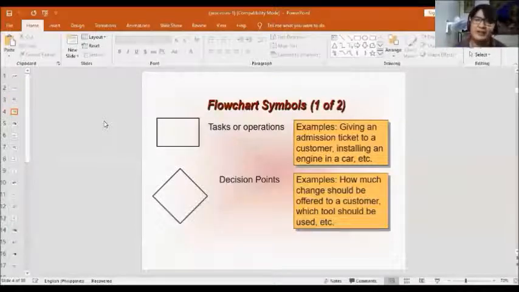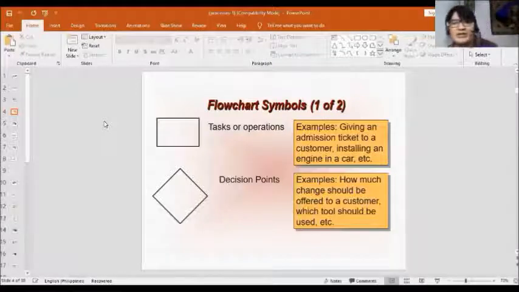These are the following symbols that are used in flowcharting. The rectangle represents a task or operation. An example of a task or operation is giving an admission ticket to a customer or installing an engine in a car.